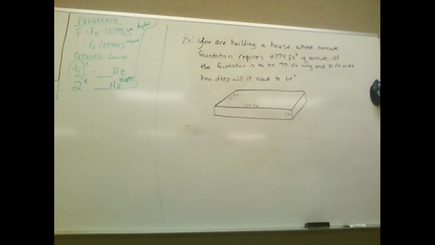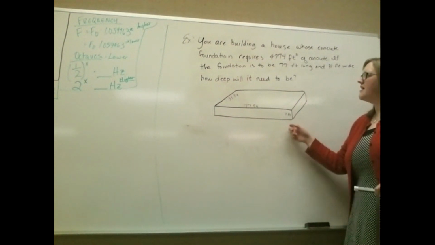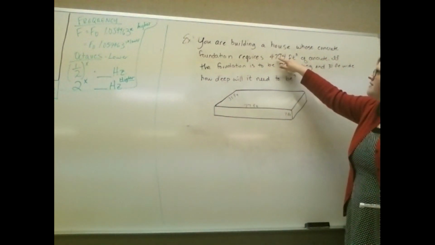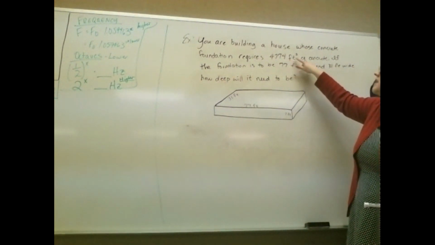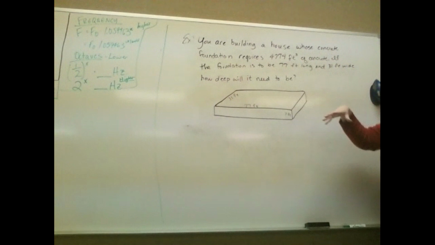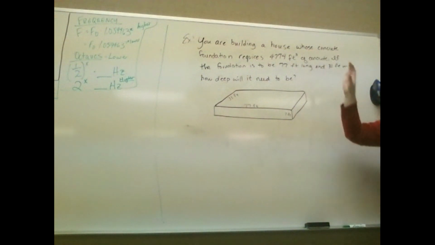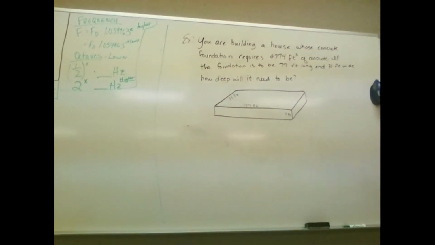All right. So they said whose concrete foundation requires 4,774 feet cubed. Even if you could not imagine a solid foundation, we would know they were looking for the volume purely because of this feet cubed. If you ever see a unit in cube, they're talking volume.